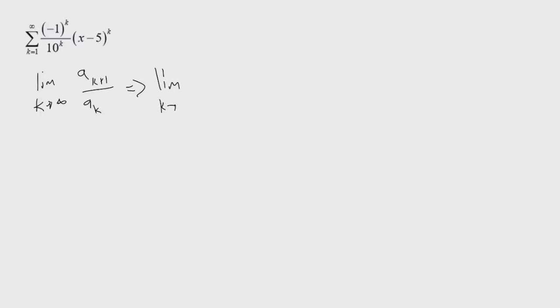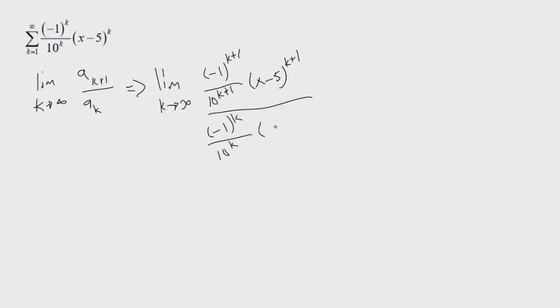Okay, so that's going to give me negative 1 to the k plus 1 over 10 to the k plus 1 times x minus 5 to the k plus 1, divided by negative 1 to the k over 10 to the k times x minus 5 to the k.